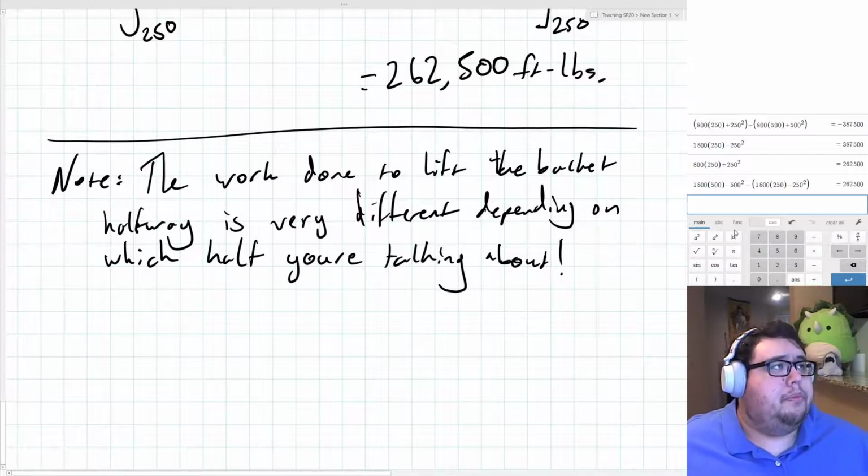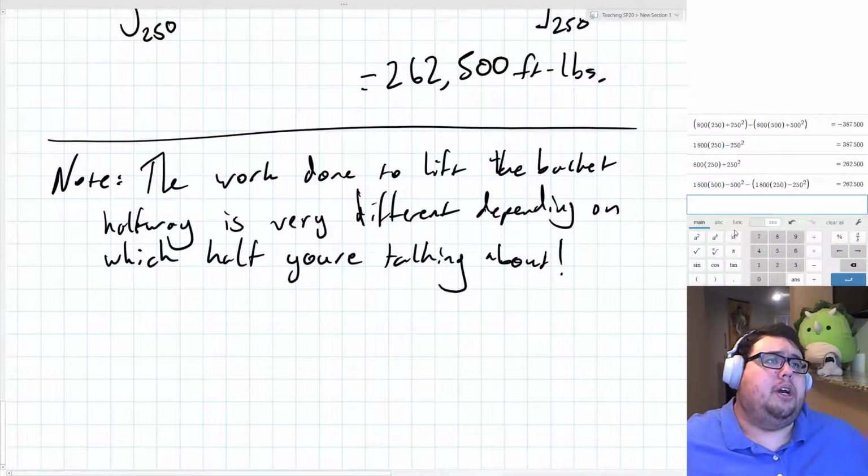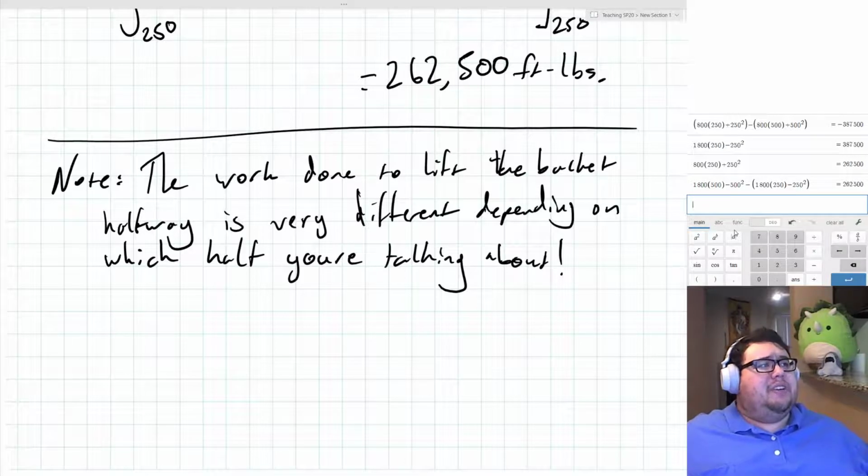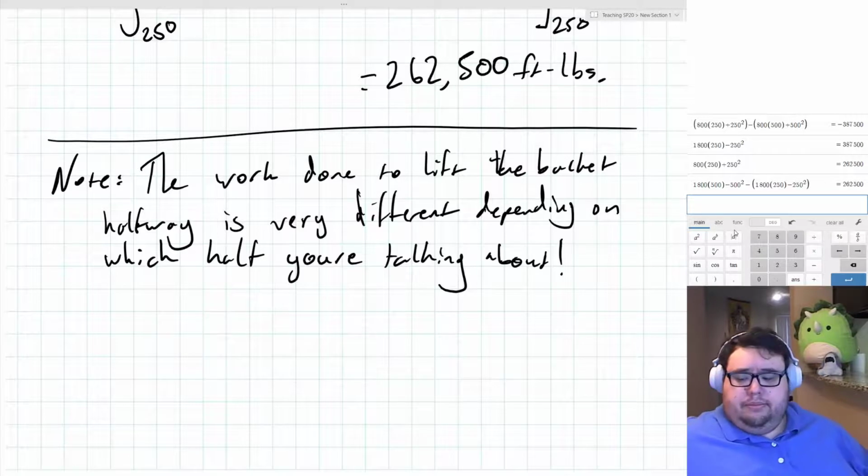The first half, when you're pulling the bucket up, requires significantly more work than pulling the bucket up the second half.